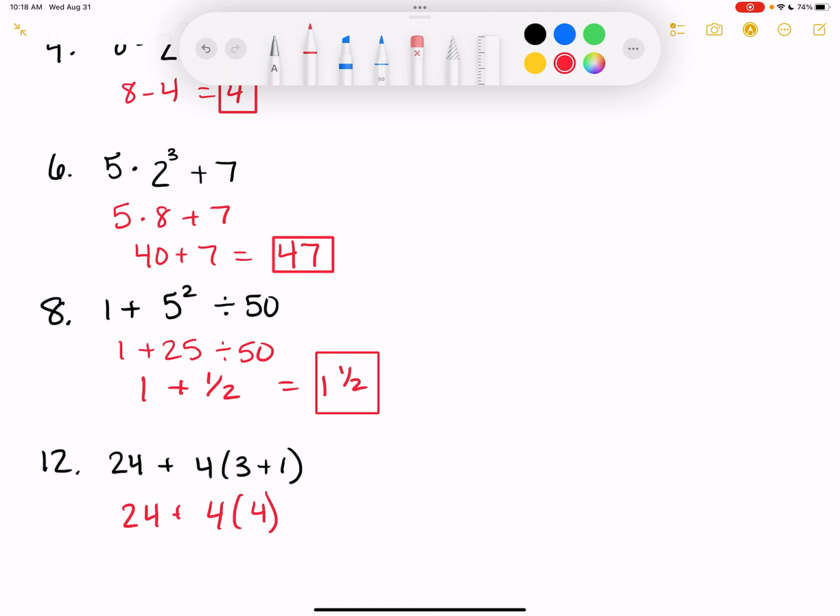And then what? Well, what's happening when I have 4 and then a parentheses and another number? You're multiplying, so we want to do that part first. So it's going to be 24 plus 16, which is what, 40?